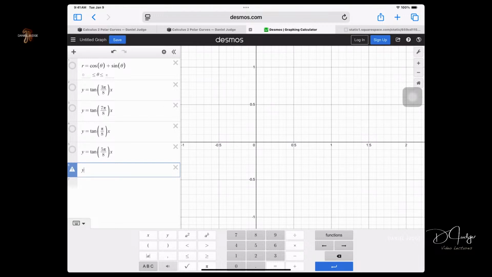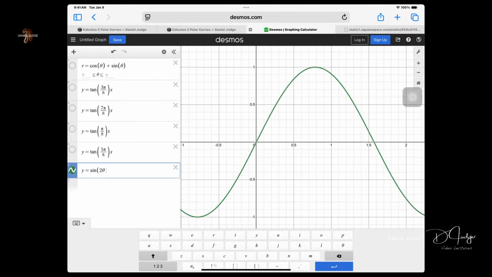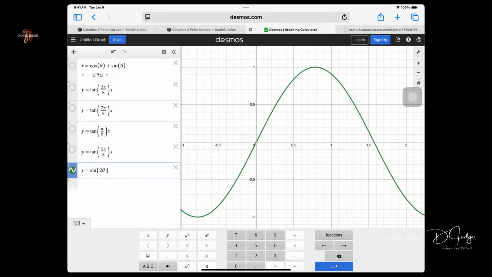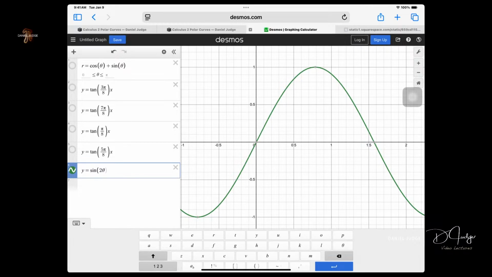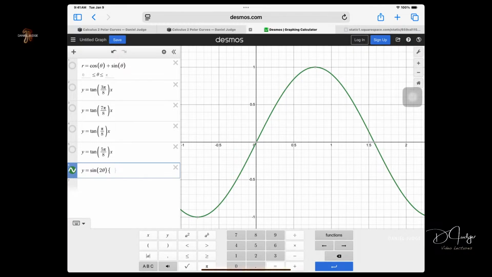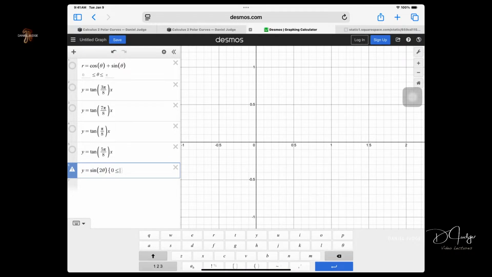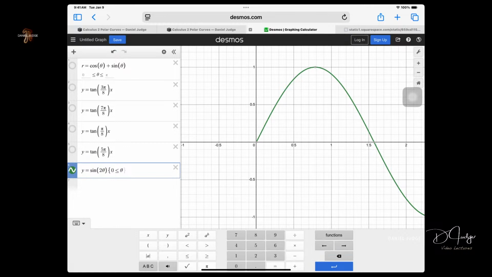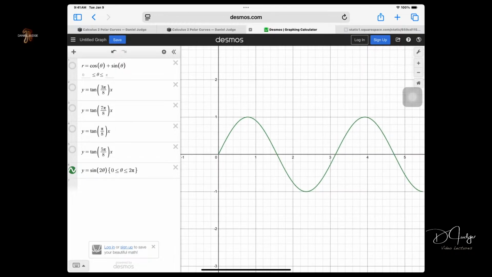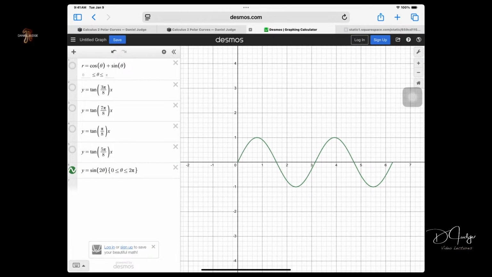I'm going to put y equals sine double theta. We're going to look at from 0 to 2 pi. Let me bring this in.